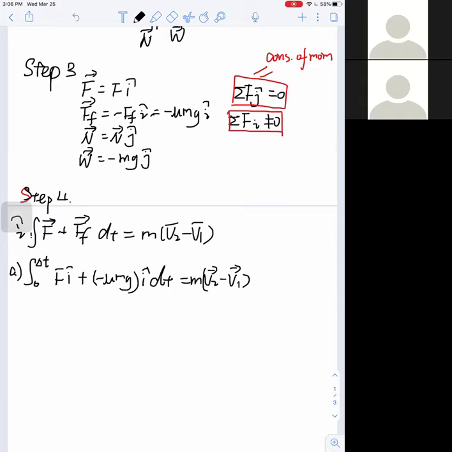Okay, and how do you solve this? Because we have a plus sign inside the integral, we can break it down, right?